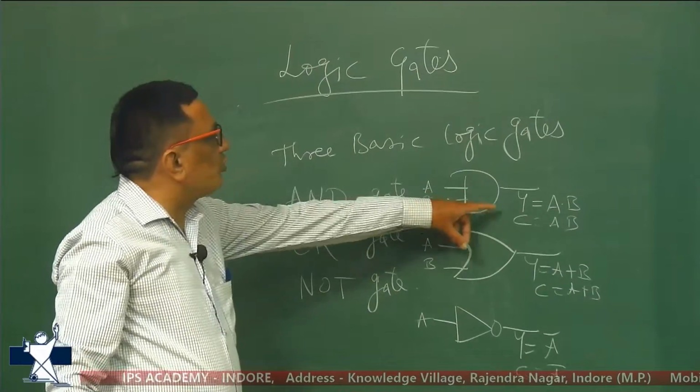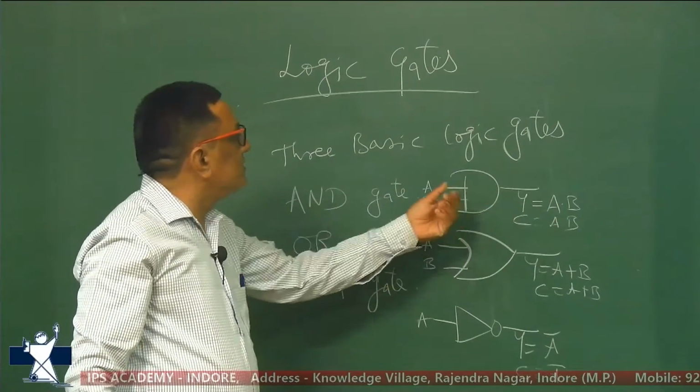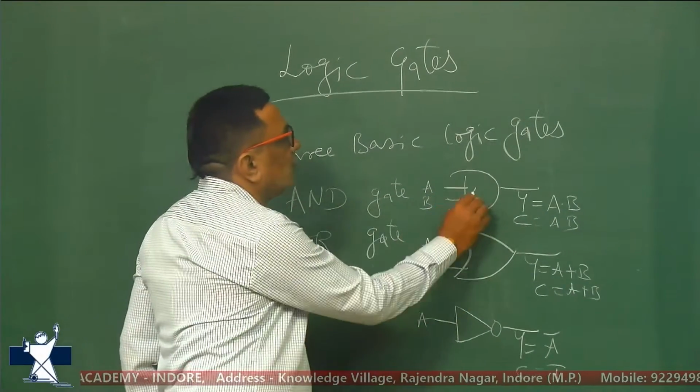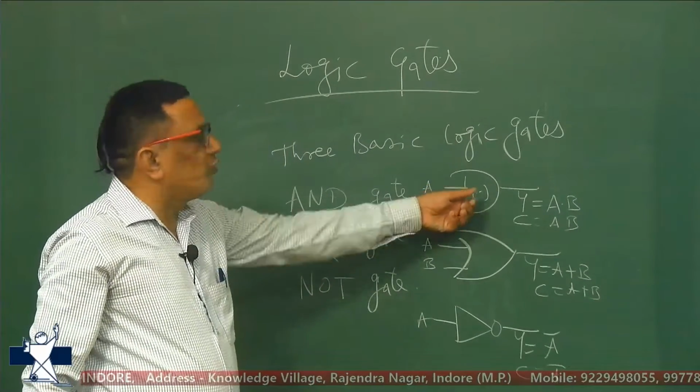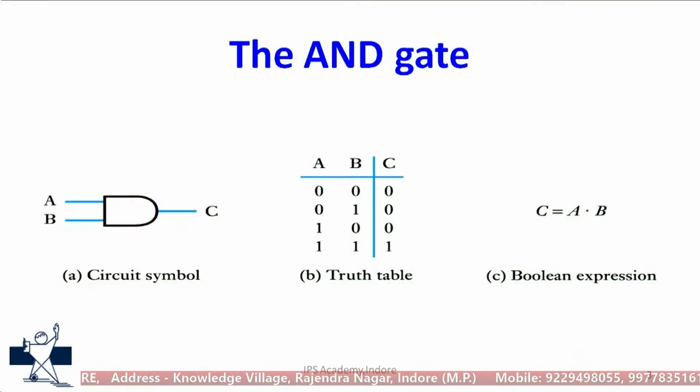So the output will be C is equal to A dot B. It means the dot operation will be performed in the AND gate, and you can see a truth table. The truth table shows what is actually happening inside this gate.